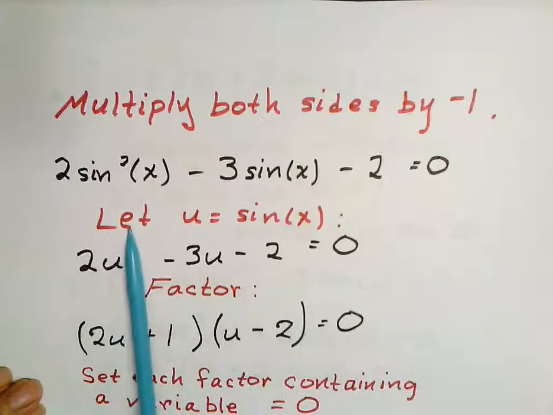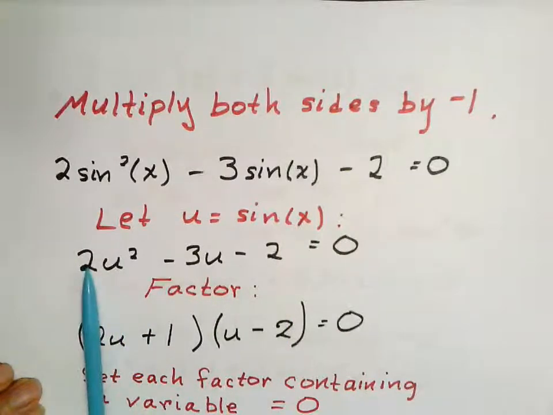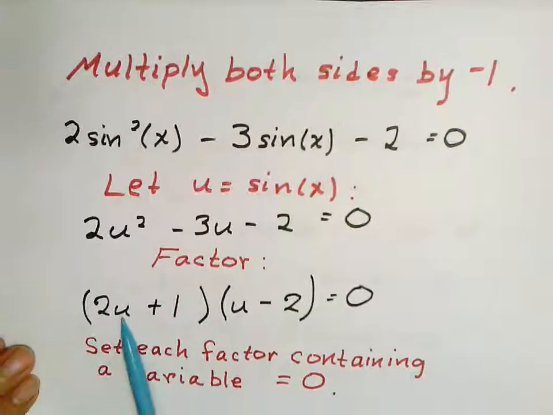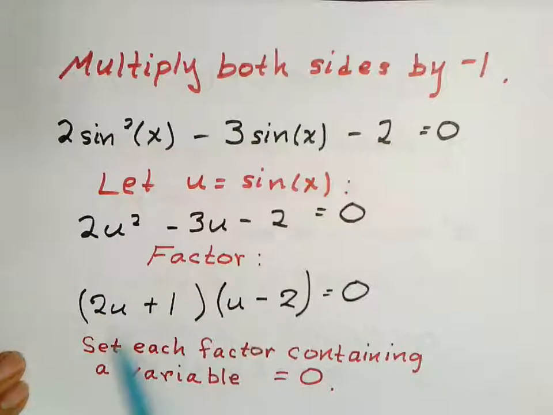Now we're going to let u be equal to the sine of x and do the substitution here so that it'll look more like a trinomial that we're used to factoring. And then we're going to factor this trinomial into two binomials. And remember, whenever you factor, always go back and check it using FOIL, first, outer, inner, last, to make sure we're getting this trinomial.